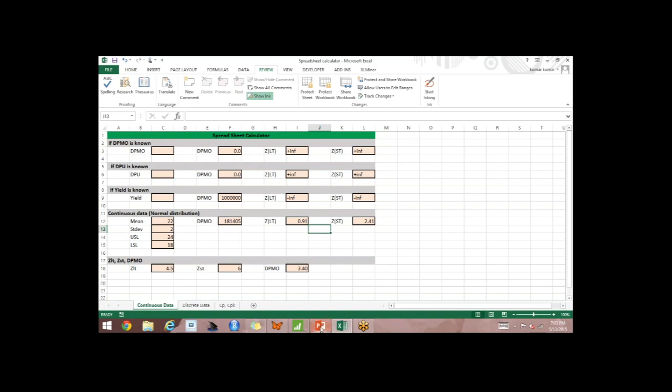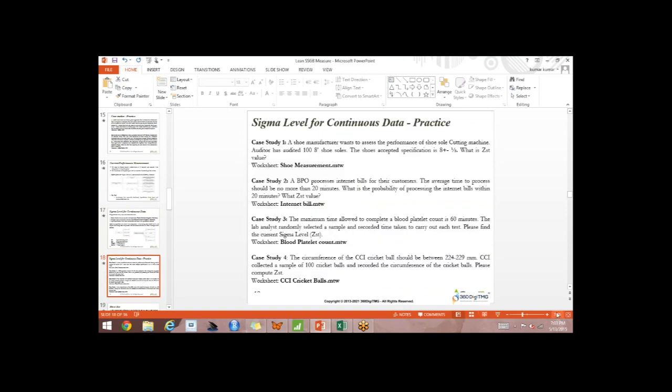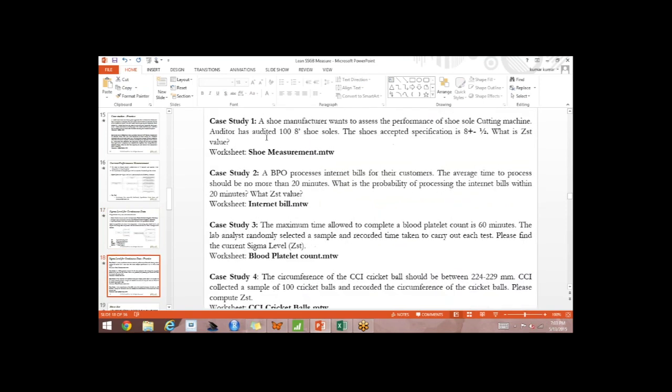Let us go back and look into another example. Let us look into this shoe measurement. Case study 1. What does this say? A shoe manufacturer wants to assess the performance of shoe sole cutting machine.